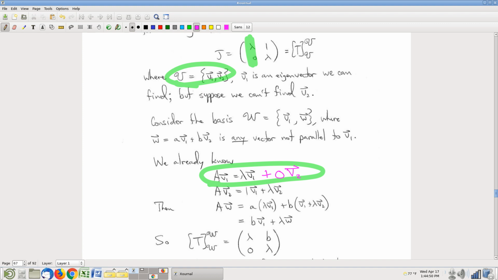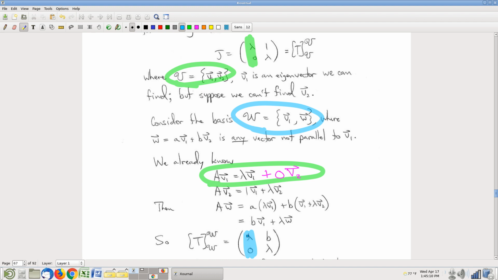Okay, my assertion is that if you use this other basis now, then you get this as the first column, lambda and 0. And how do I know you get that?